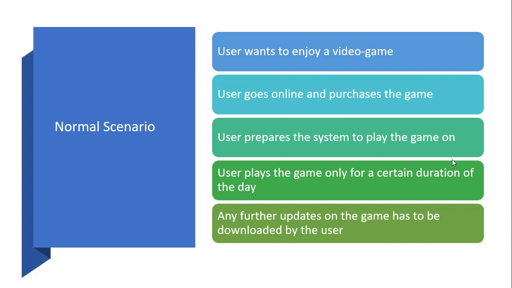He needs to make sure that his system satisfies the minimum requirements to play the game. And then the user plays the game only for a certain duration of the day, or maybe once or twice a week, but he's still paying the entire price of the game. And going further, any updates required on the game have to be downloaded and installed by the user. That has to be taken care of by the user.